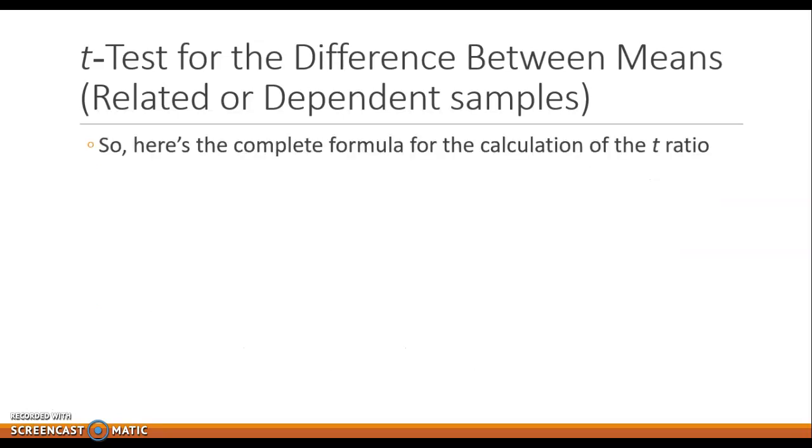Now, given all of this I just gave you, given what you remember from the t-test from prior chapters, here's the complete formula for the calculation of the t-ratio with related or dependent samples. The t-score is big D bar minus mu. Remember, what's mu?